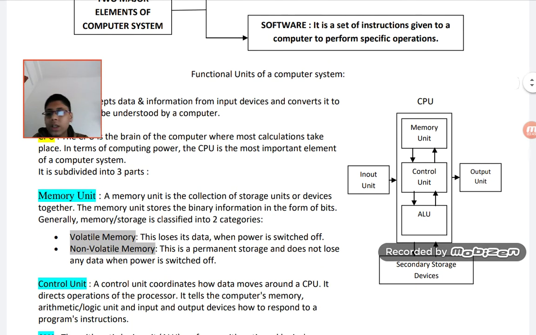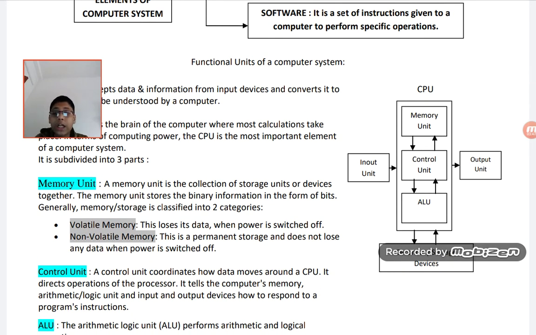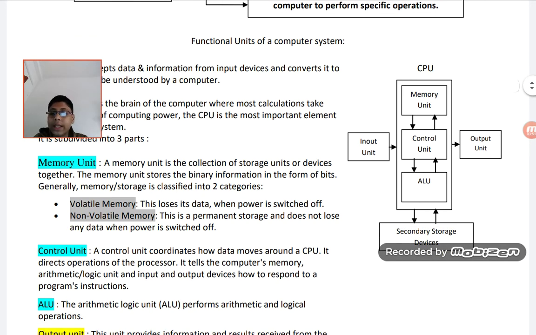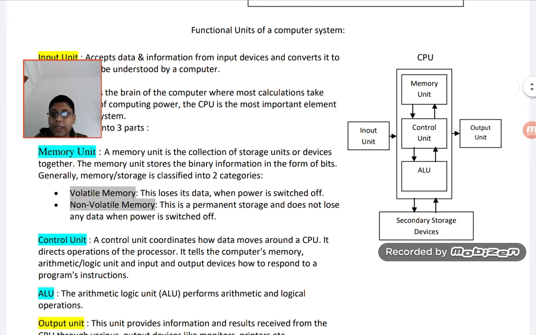Now let's start with the control unit. A control unit coordinates how data moves around a CPU. It directs operations of the processor. It tells the computer's memory, arithmetic logic unit, and input and output devices how to respond to a program's instructions.